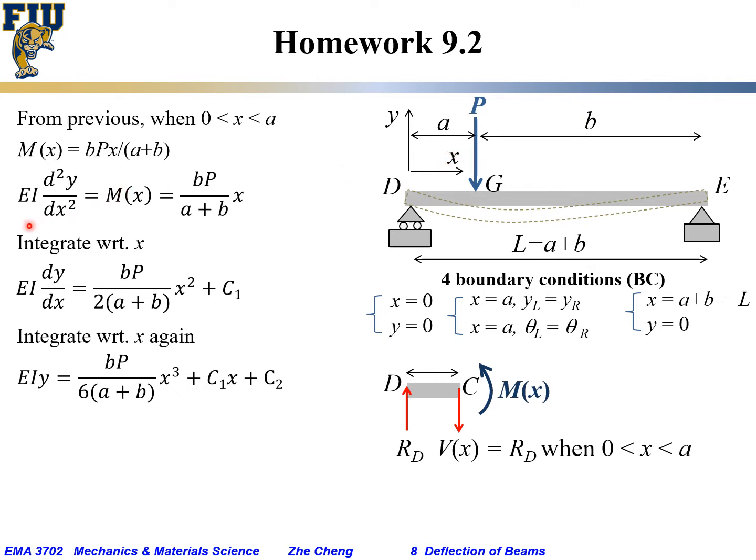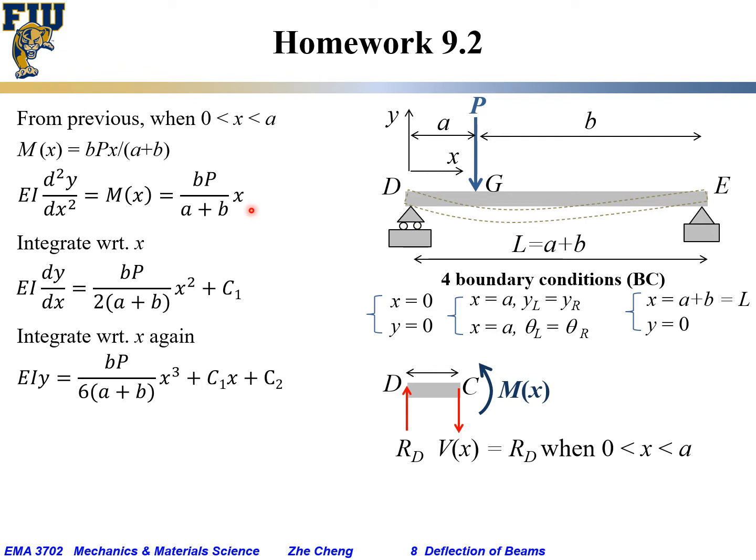So as a result, for the differential form of the deflection curve, EI times the second derivative of vertical deflection with respect to horizontal x location would be equal to what we learned in chapter 9, M, the internal moment at x location, and this M is BP over A plus B times x.